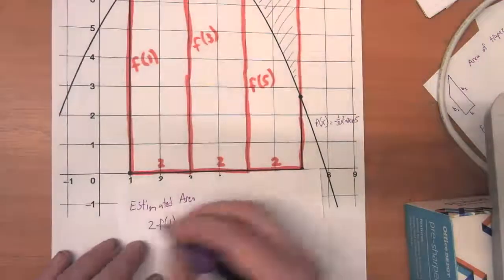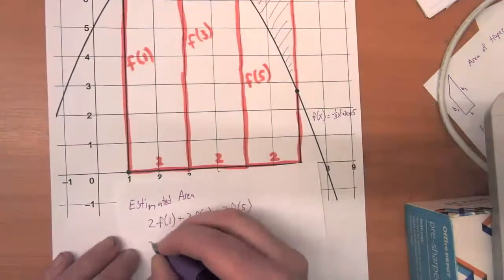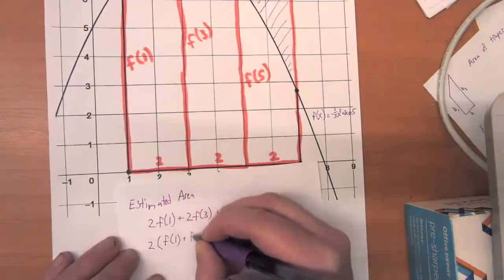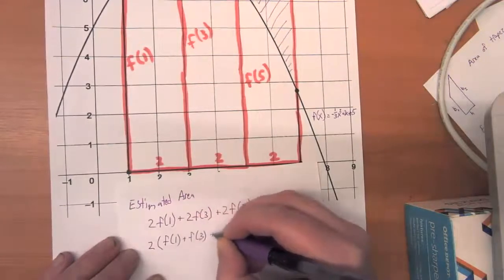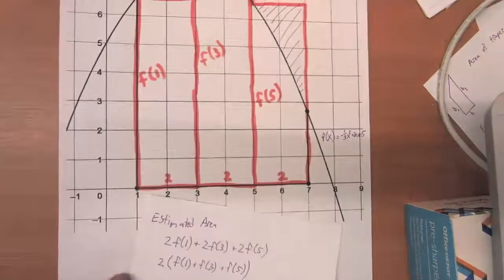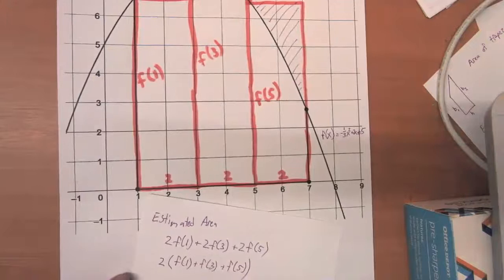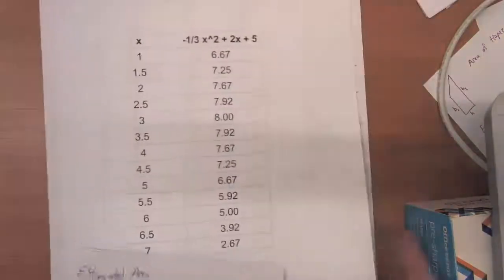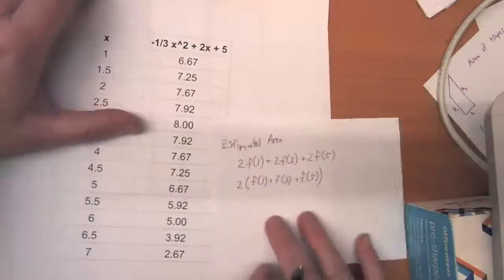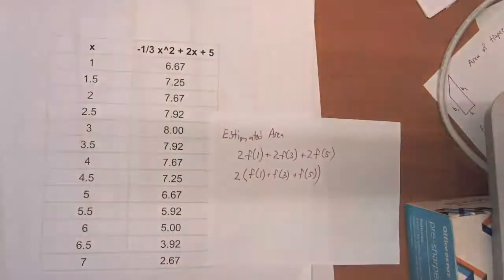And maybe what I'll do is pull out this common term of 2 and just write it like this: 2 times f of 1 plus f of 3 plus f of 5. In a previous video, I came up with this table here, and I advised you to take a screenshot of that, so that might help you to pull it out.